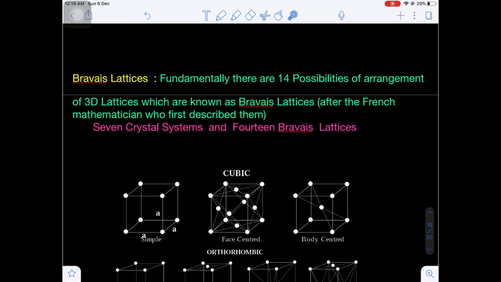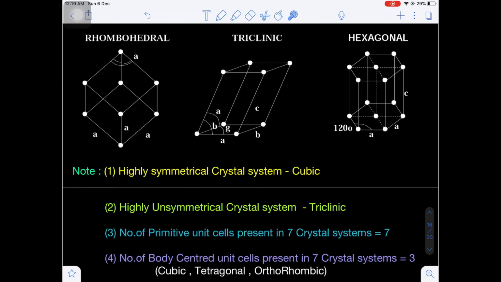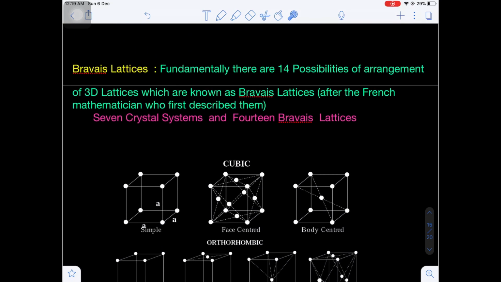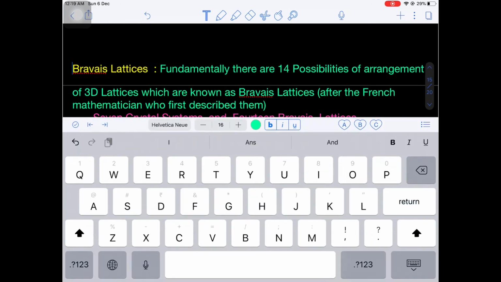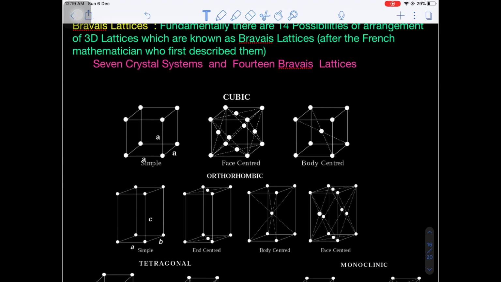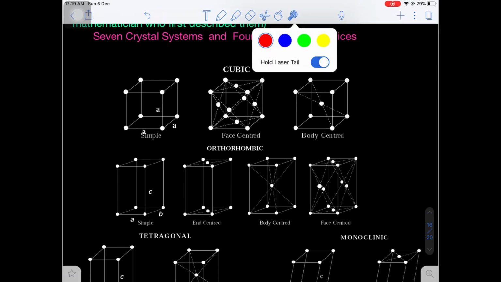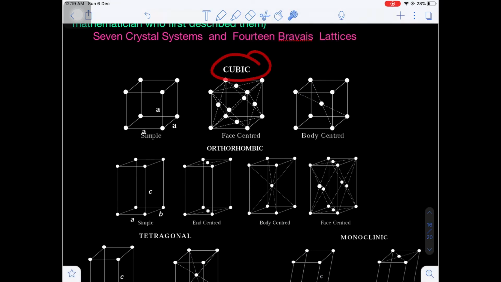Now according to that Bravais lattices, we have some important objective questions. Now you see the first Bravais lattice. If you see in the cubic system, there are 3 types of Bravais lattices: simple, face-centered, and body-centered.